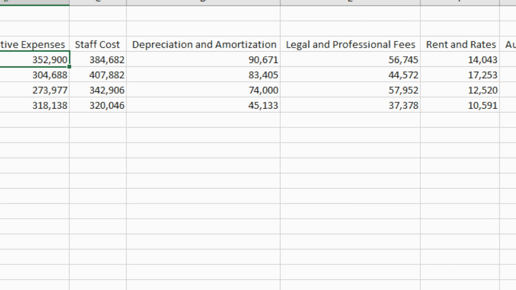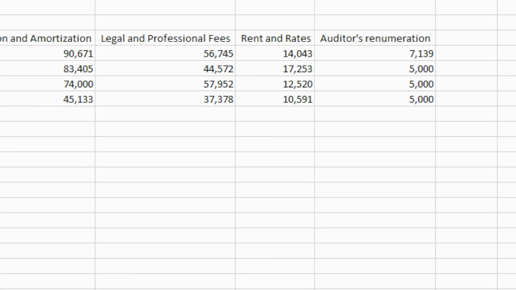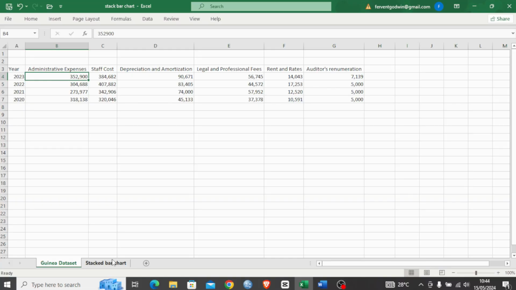That's also unavoidable. Then legal and professional fees, they have to pay their legal practitioners. Then rent and rates, obviously they will have to pay for the office that they rented. That's not negotiable. Then auditors remuneration, we know that they have to audit the organization maybe per year or whenever they deem it fit.